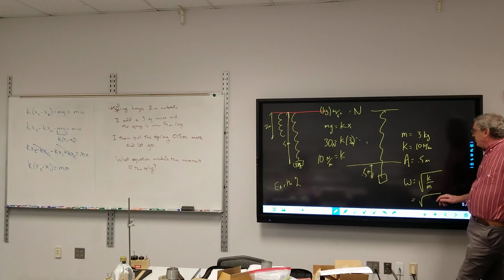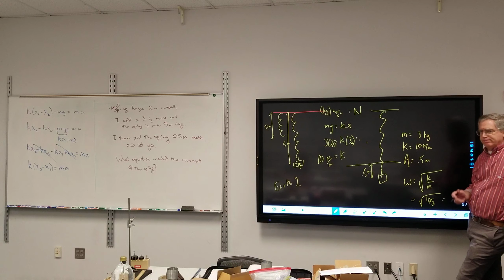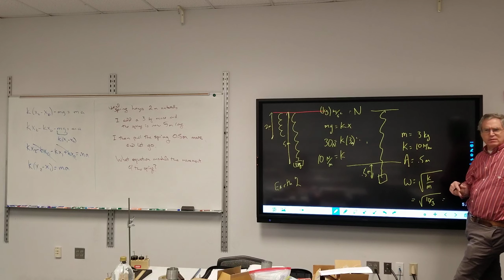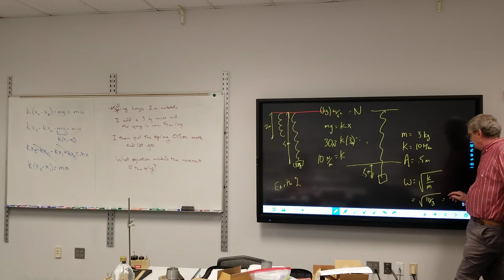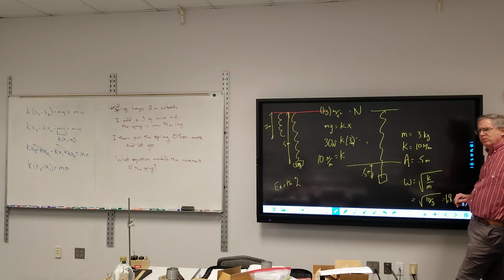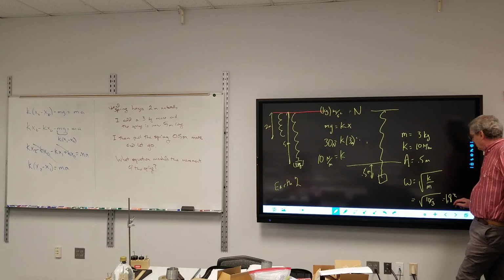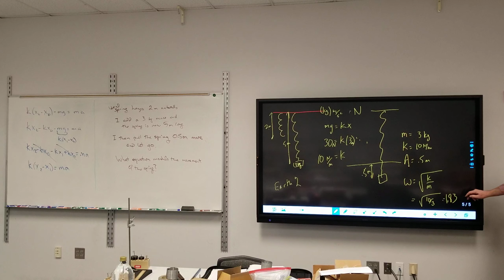So from that, my angular frequency is the square root of 10 over 3, which is 1.83. Units? Radians per second.